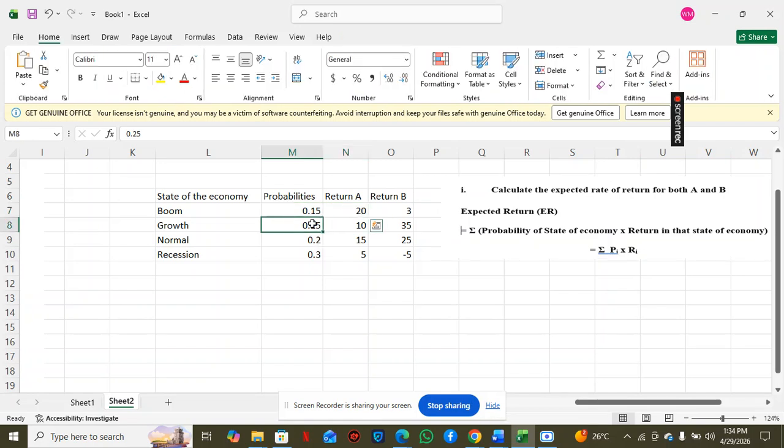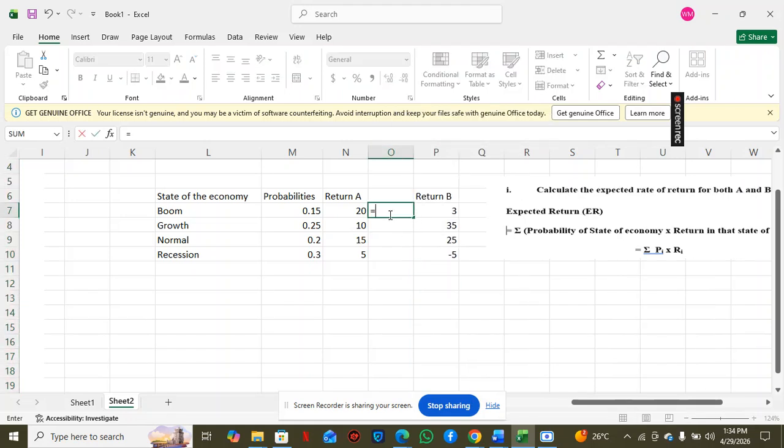So when you do this, 0.15 multiplied by 20%, you get 3%. 0.25 multiplied by 10%, you get 2.5. 0.2 multiplied by 15%, you get 3. 0.3 multiplied by 5%, you get 1.5.